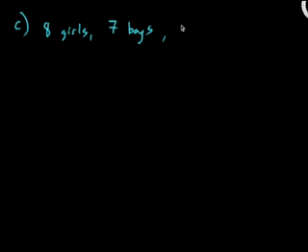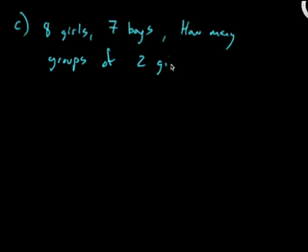And let's say how many groups of 2 girls and 3 boys can be formed. So if I want to find out the number of ways that could occur, I have 2 combination events occurring here.